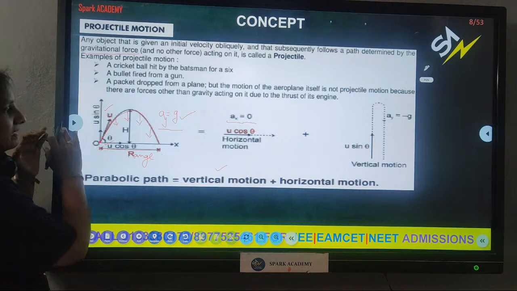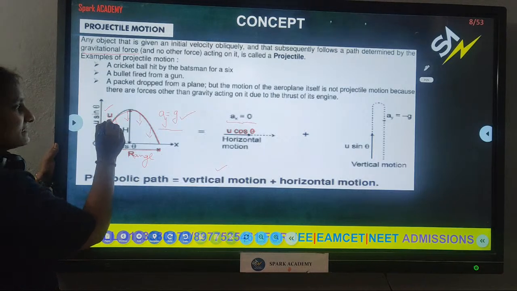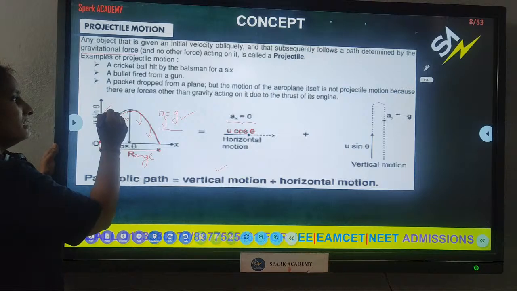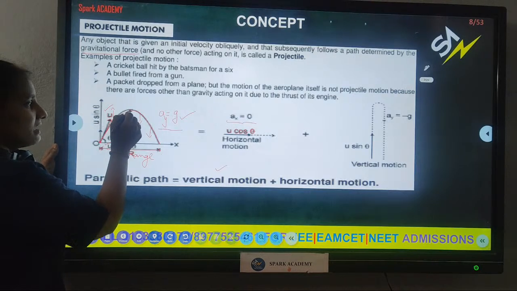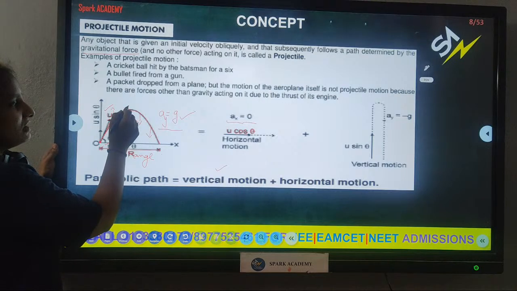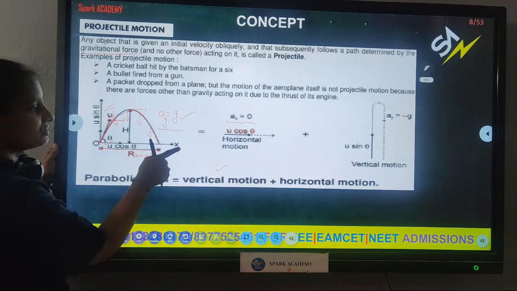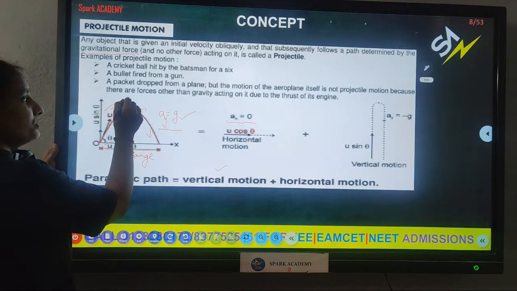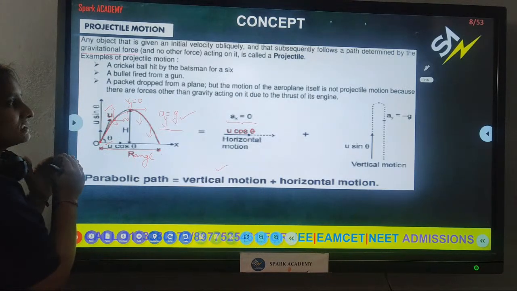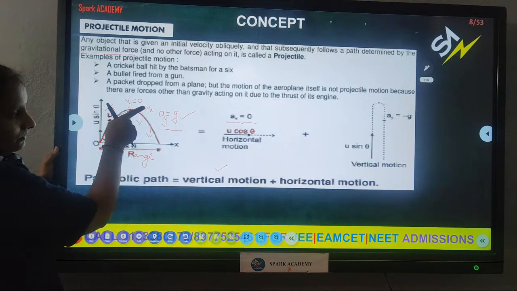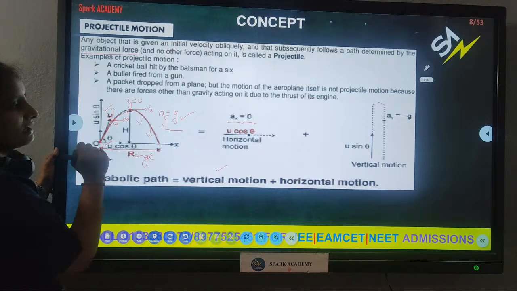So at any instant in its journey, for example, if I take at this point, the horizontal component direction is this way, the vertical component is like this. If I take at the maximum height of its journey, here also the horizontal component of velocity is along x direction and the vertical component at the maximum height is 0. Component of velocity vertically is 0 at maximum height, but there is a component along x direction.